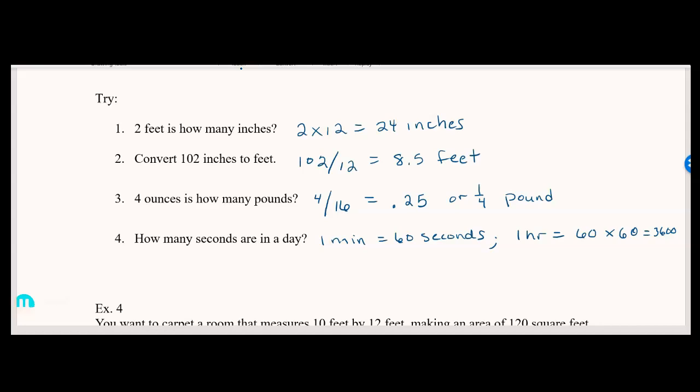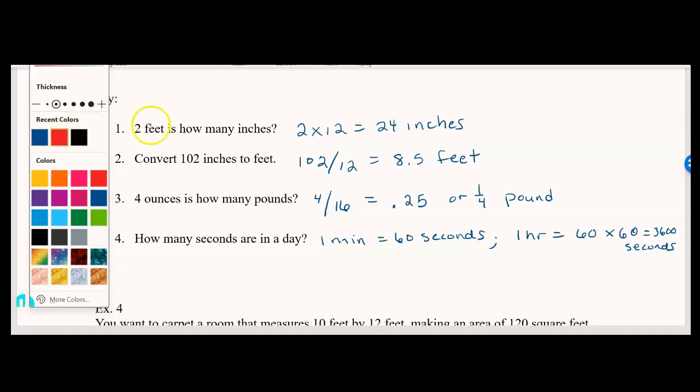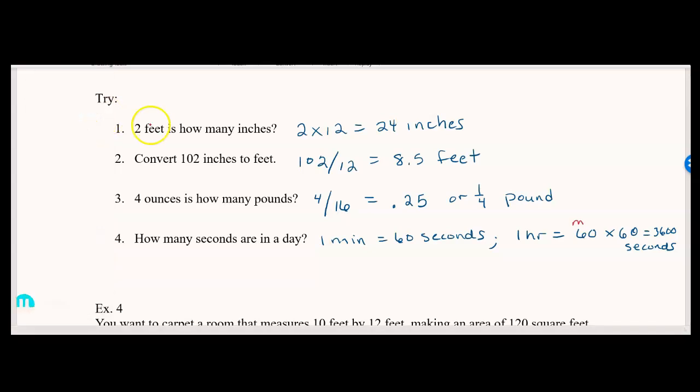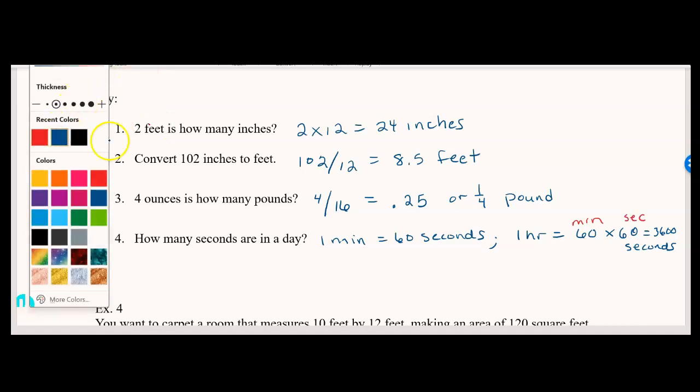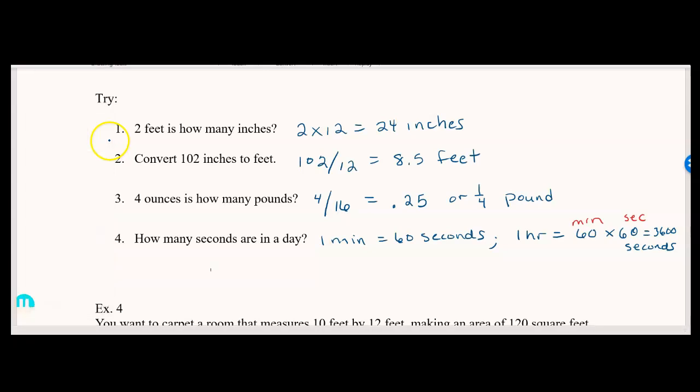And by the way, that was seconds. I guess I'll just write that underneath so we're not losing track of what we're doing. So we're looking at 1 minute is 60 seconds. So 1 hour would be 60 seconds times 60 minutes. And just in case, I like to be more detailed with my notes here, just in case you want to see what we multiplied. We did minutes and seconds. That way you can kind of see where we got the 60 times 60. So now we have 3,600 seconds.